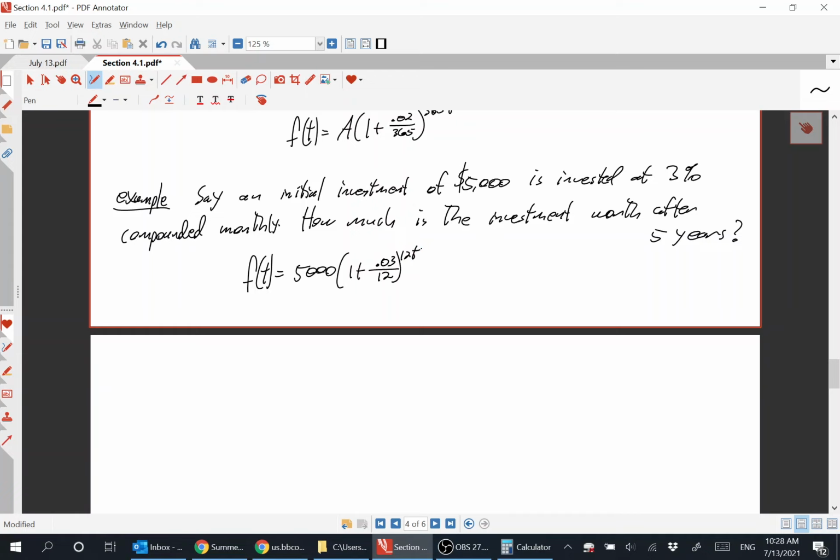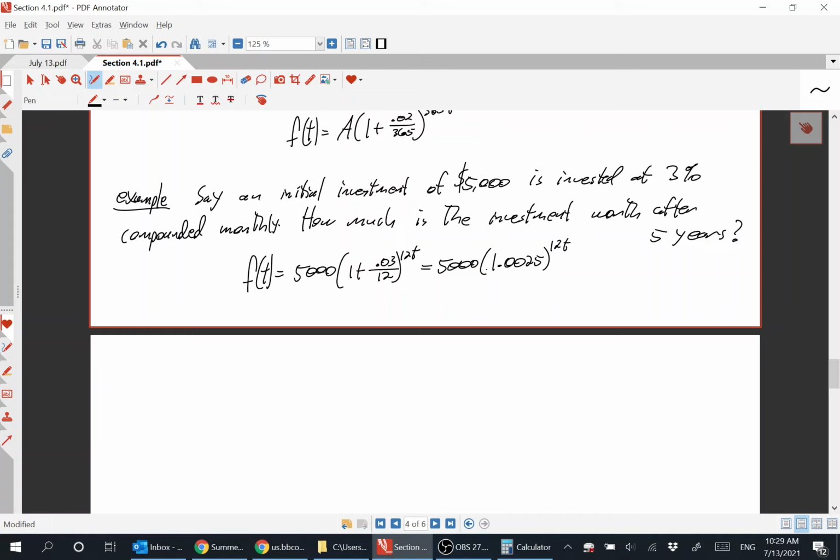Let's work out what this base is supposed to be. 0.03 divided by 12 is 0.0025. So 5,000 times 1.0025 to the 12t.